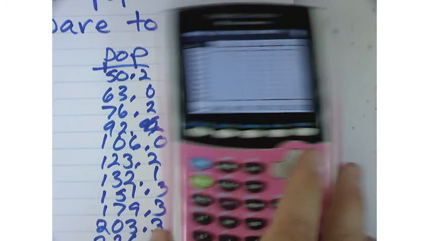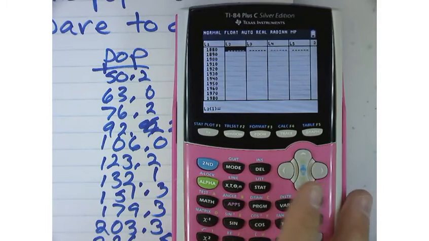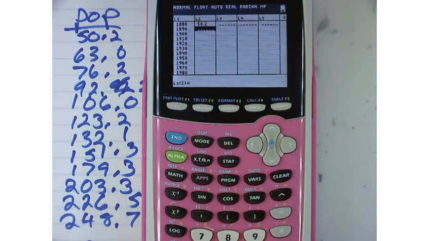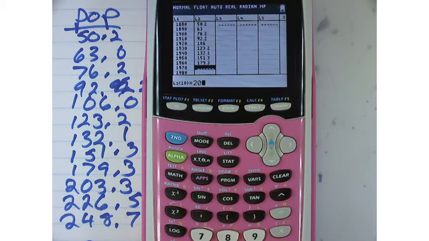Alright, so now we're going to do these numbers. This is kind of a long and tedious task, but that's okay. So I'm going to do 50.2, 63, 76.2, 92.2, 106, 123.2, 132.1, whoops, 0.1, 151.3, 179.3, 203.3, 226, whoops.